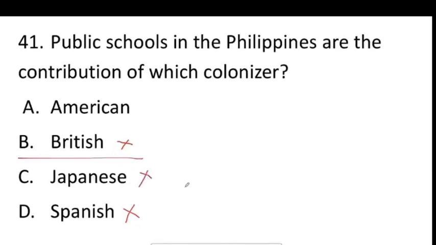Okay, so vocational teaching. Vocational was given important focus during the Japanese period. The correct answer here would be letter A, American. So, ang mga Amerikano talaga yung naging susi para magkaroon ng public school sa Pilipinas. Okay, so it's the Americans who gave us public school system.